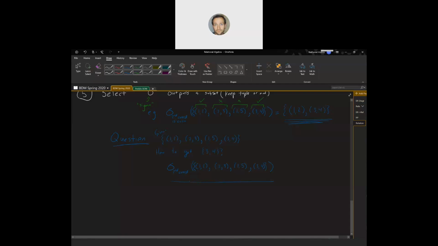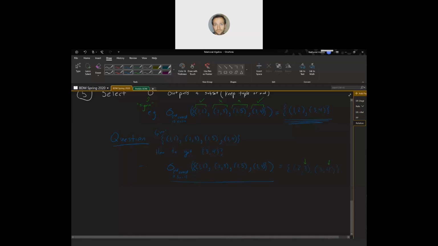I'll say if the second coordinate is 3 or 4. So what this would output is 2, 3, and 3, 4. But we don't want the whole tuple. We just want the second element here.